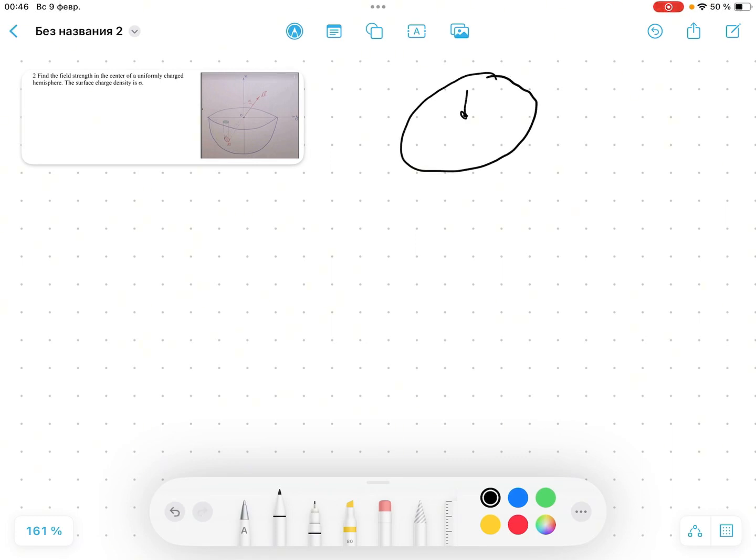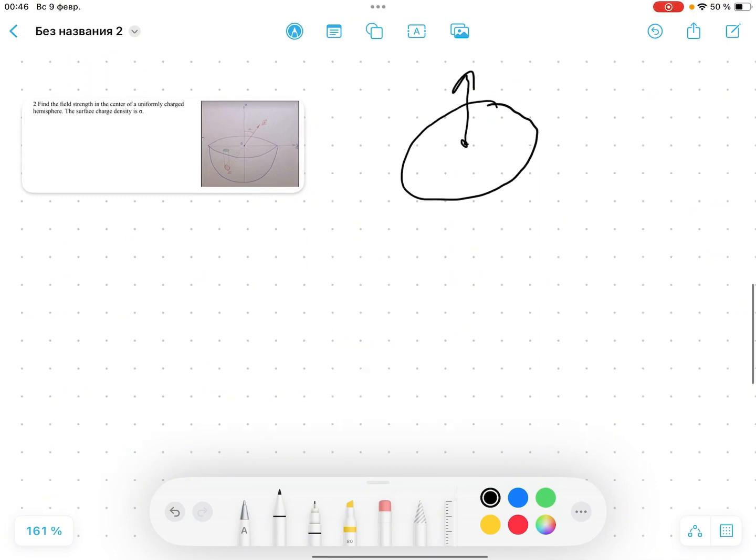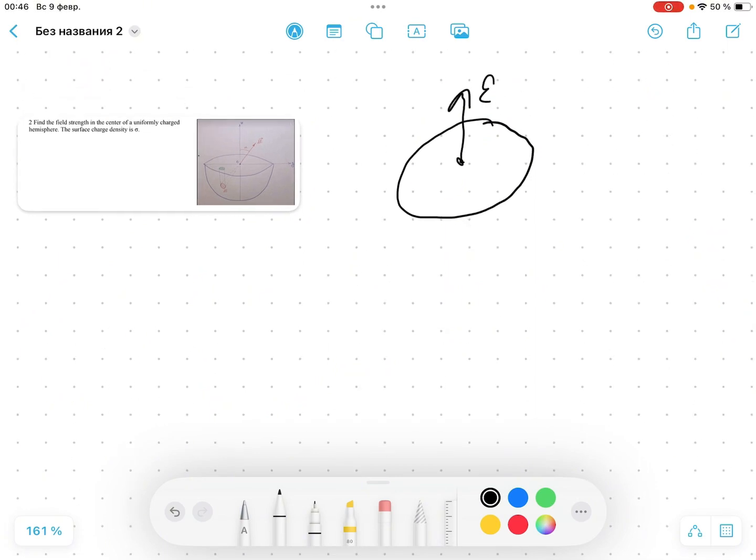Firstly, we find a small part of this circle, and this circle has x. It's a very small distance, and we have a radius r.